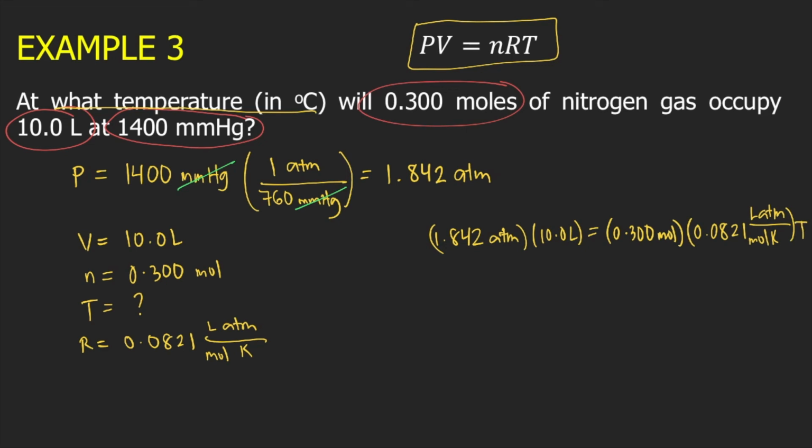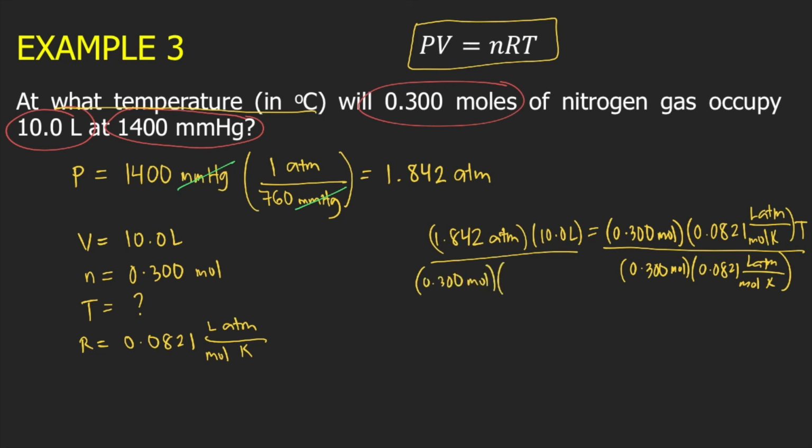To solve for T, you will divide both sides of the equation by 0.300 and 0.0821. Do the same thing on the left side. So 0.300 will cancel on the right side as well as the 0.0821.